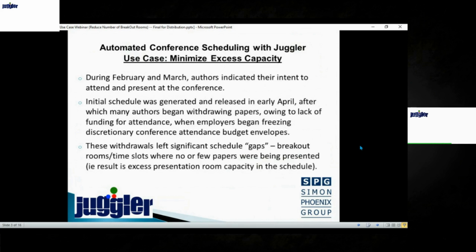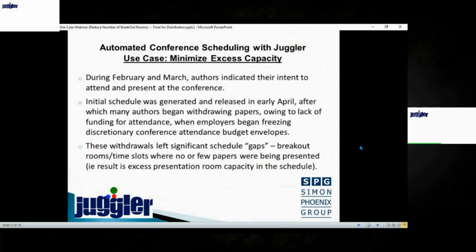And so those withdrawals, once the schedule was built, and then once presenters started withdrawing their papers because they couldn't attend, those withdrawals left significant gaps in the schedule that was developed.